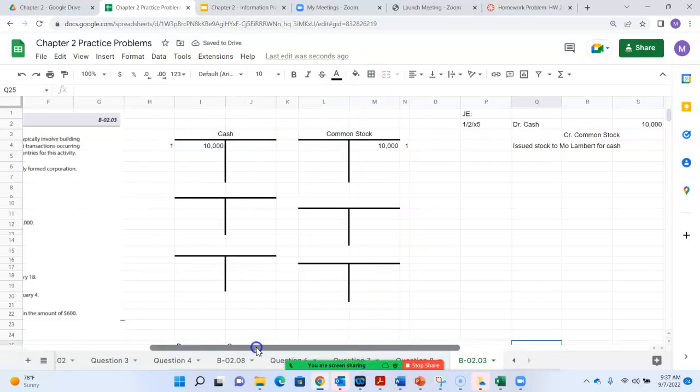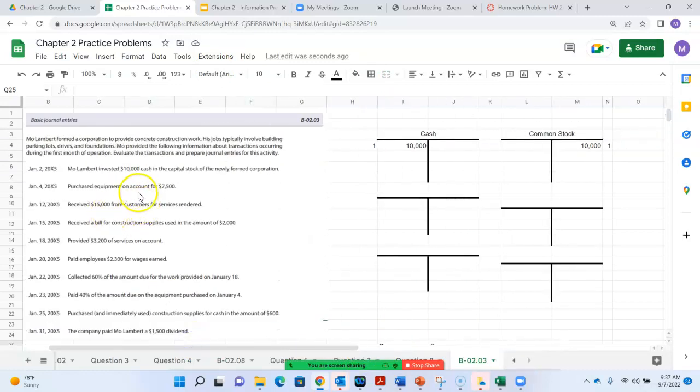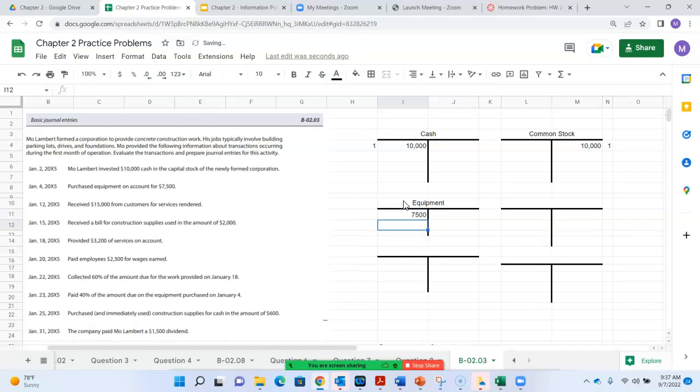Okay, let's do the next one. Purchased equipment on account for $7,500. Well, equipment is going to, or sorry, is going to increase. Equipment is an asset. To increase an asset, you debit the account. So $7,500. This relates to transaction number 2.